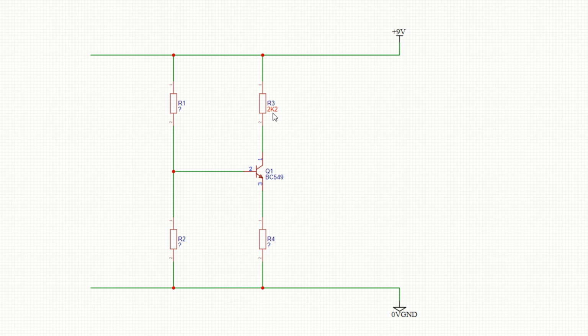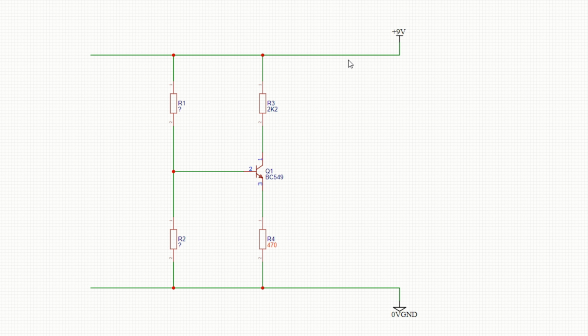Say you want a DC gain of 5, so the emitter resistor wants to be approximately a fifth of that. Well, a tenth would be 220 ohms, so make it 470 ohms. So now the voltage across that resistor is always going to be, in round figures, 5 times lower than that.